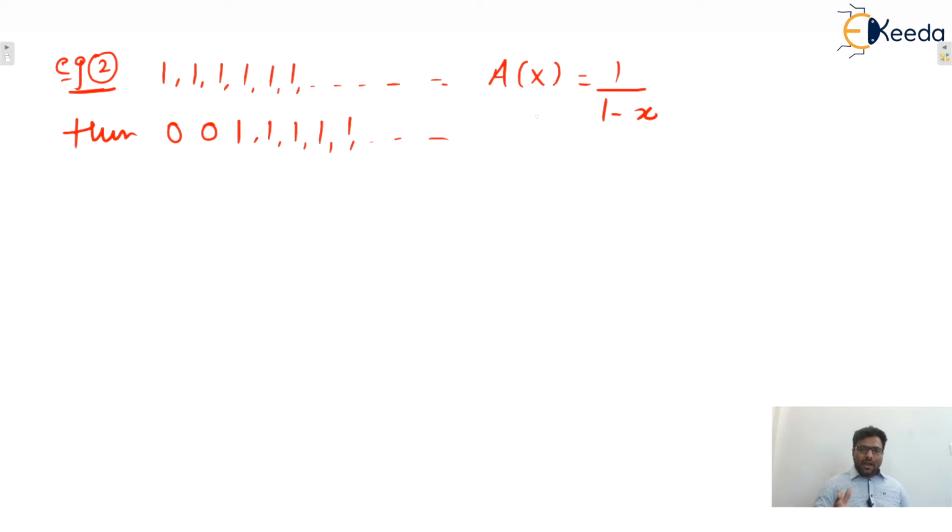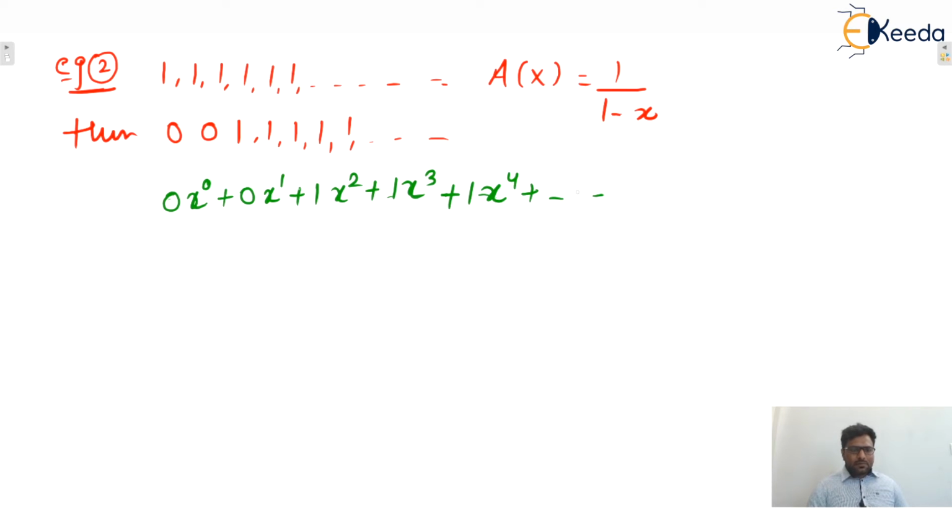It is shifted in the right direction and at vacant places zeros are added, then only this property is helpful, isn't it? Now whatever be the sequence given to you, the first term will be multiplied with x power 0, second with x power 1, third one with x square and so on, yes or no?